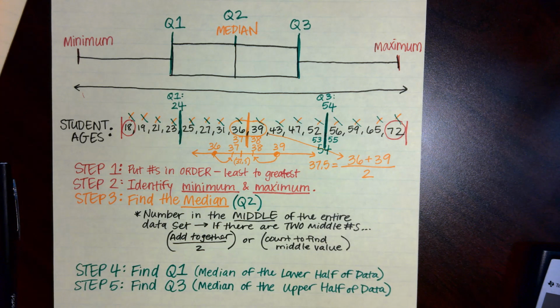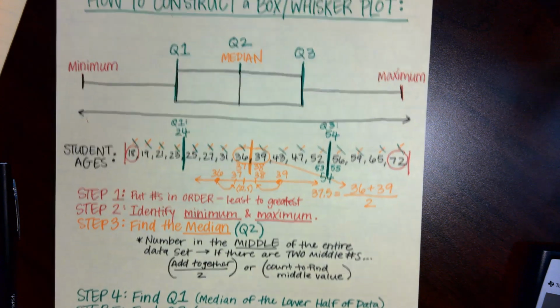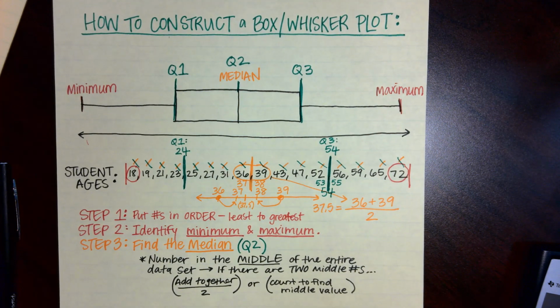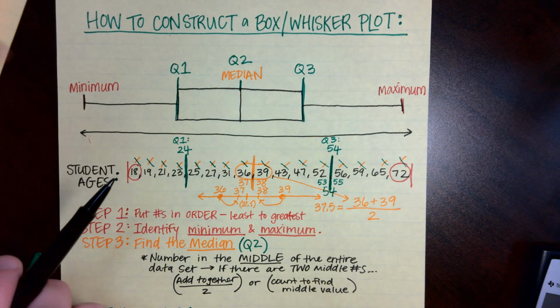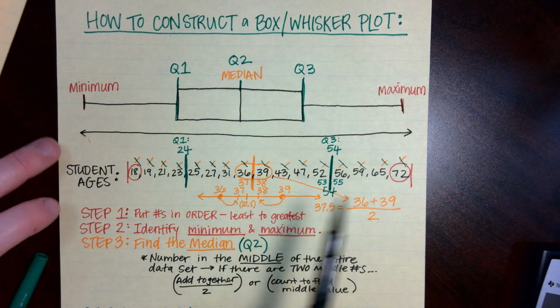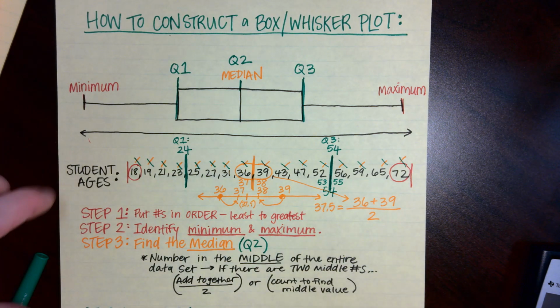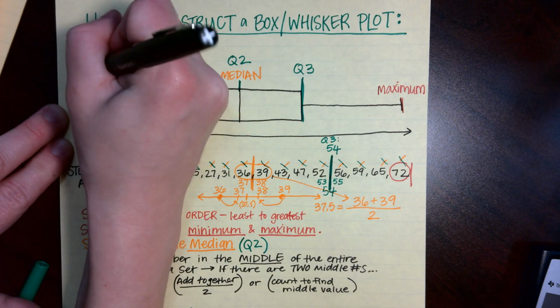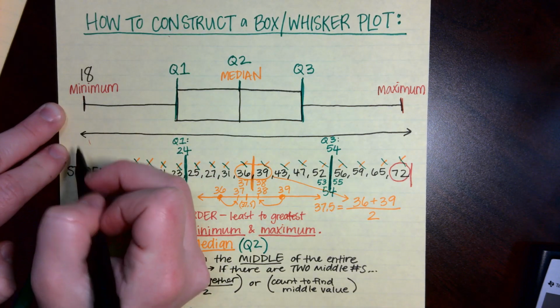Okay, awesome. So guys, all we need to do now is label. We're gonna fill out all the information we found, and then we're gonna draw it. So what was our minimum that we found? Our minimum of the whole data set. Yes, 18. So 18 is where this line would need to fall.